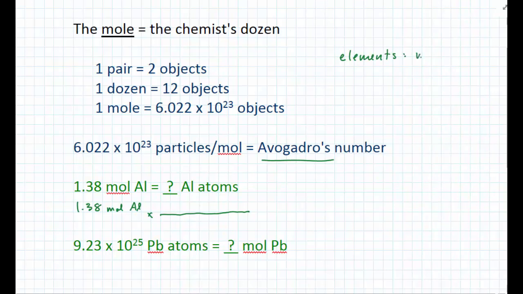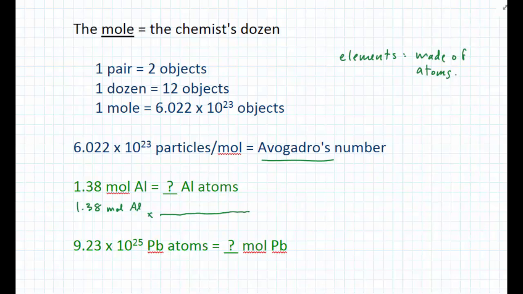Elements are made of atoms. We'll talk in probably the next chapter how we do that with compounds, whether it's molecules or formula units that we use. But elements are, of course, made of individual atoms.